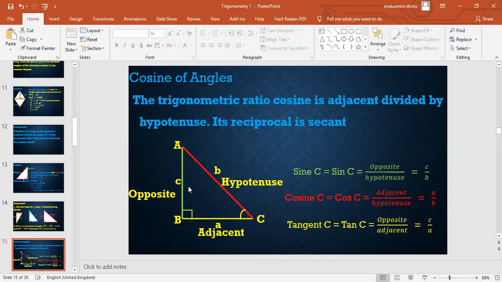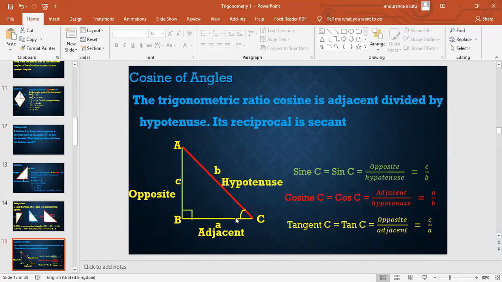The side c is opposite the angle given, which is at C, and is called the opposite. The other side, where the angle 90 is sitting and the angle given is sitting, is called the adjacent.